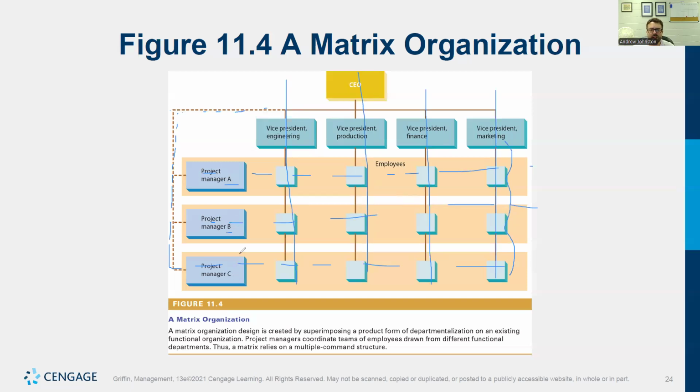And the fact of the matter is actually sometimes it'll look more like this, and people might be on multiple matrix managed projects, which, as I said, can lead to real conflicts and coordination issues where people get stretched too thin and reporting relationships aren't clear.